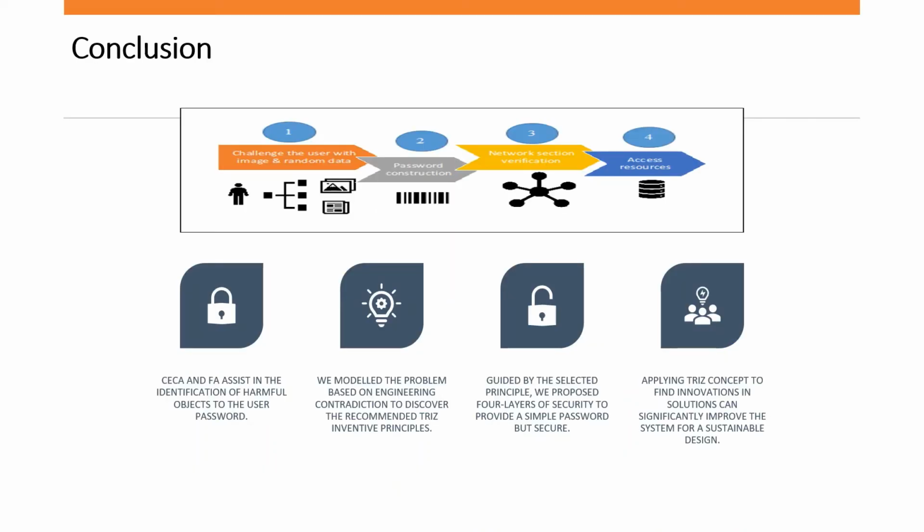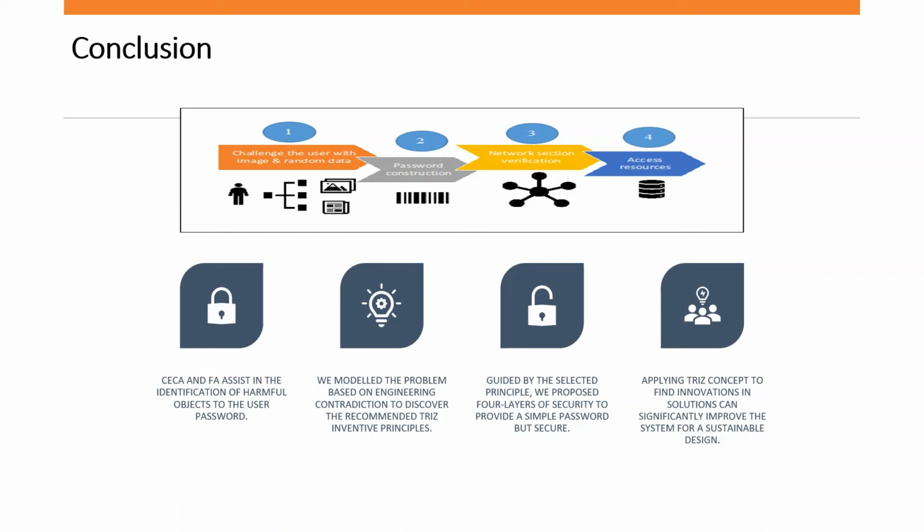As a conclusion, in this project, we have presented the selected CITDS tools to discover several possibilities of constructing a simple password but secure. CHECA and FA assist in the identification of harmful objects to the user password. We modeled the problem based on engineering contradiction to discover the recommended CITDS inventive principles.